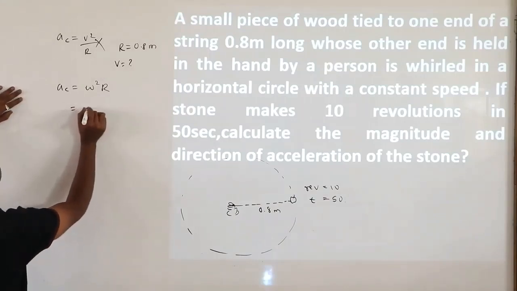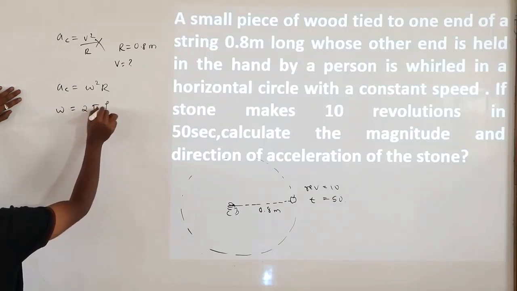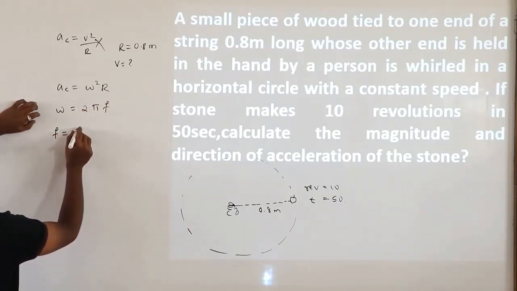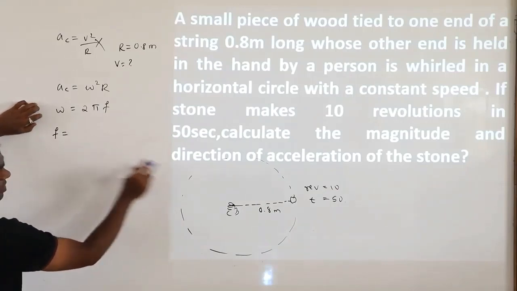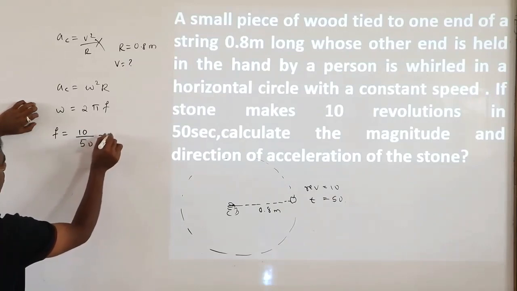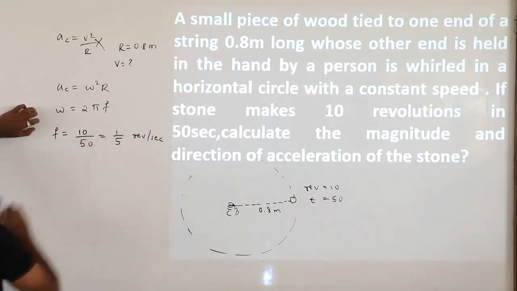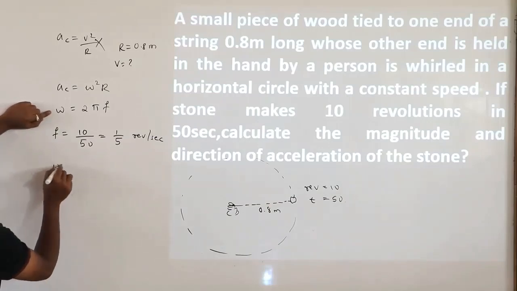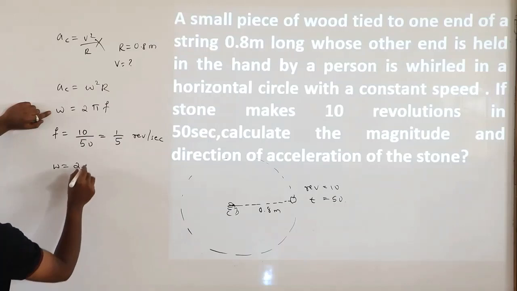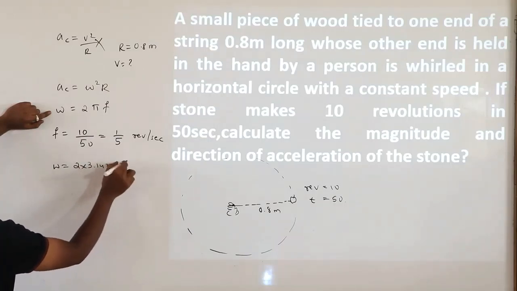We can calculate omega square into r. Omega is 2 pi f. Frequency is the number of revolutions divided by time, which is 10 divided by 50, so 1 by 5 revolutions per second. So you can calculate omega. Omega equals 2 into pi, taking pi as 3.142, into 1 by 5.